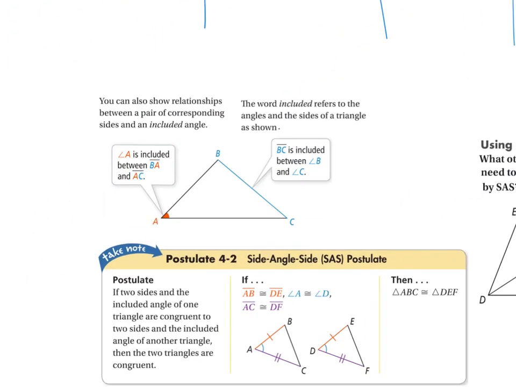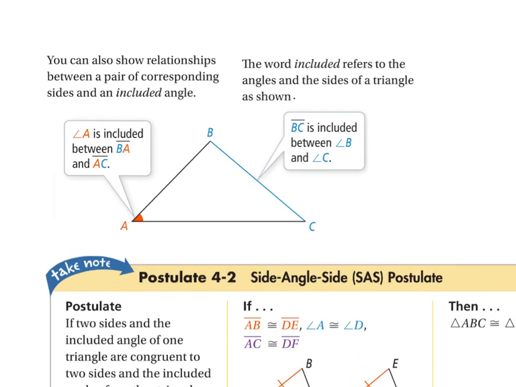Now something about angle relationships. You show relationships between a pair of corresponding sides and an included angle. The word included refers to the angle between the sides of the triangle as shown.